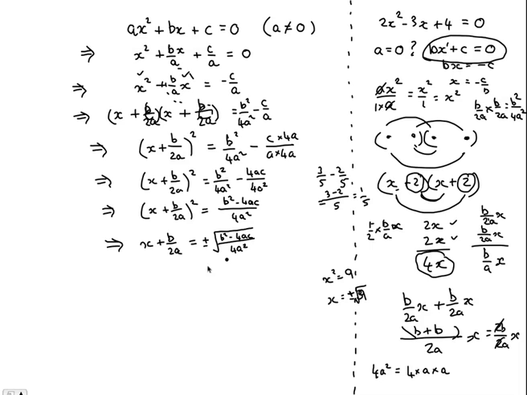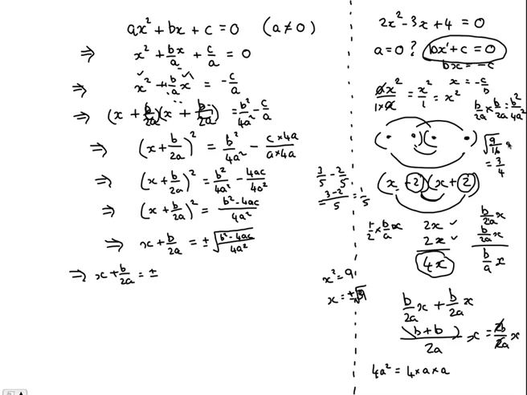So that's what I've reached. Now, left-hand side, x plus b over 2a, plus or minus. Now, square root of a fraction. Square root of 9/16, for instance, is 3/4. Why? Because 3/4 times 3/4 will give you 9/16.